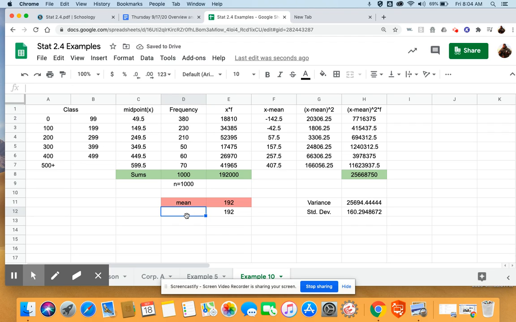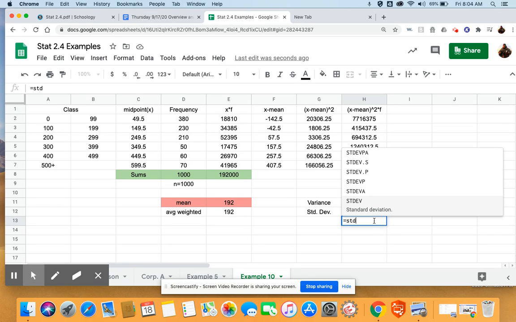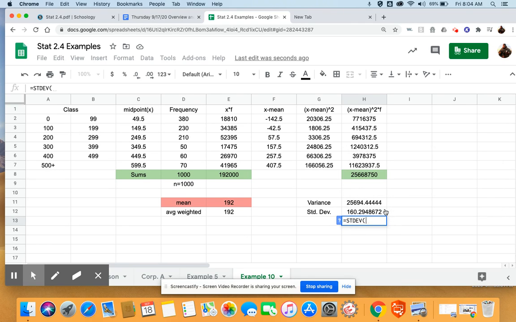So we could have done average weighted. Let's try our standard deviation check. So let's go ahead and here equals standard deviation. Don't know that we can do a weighted standard deviation.